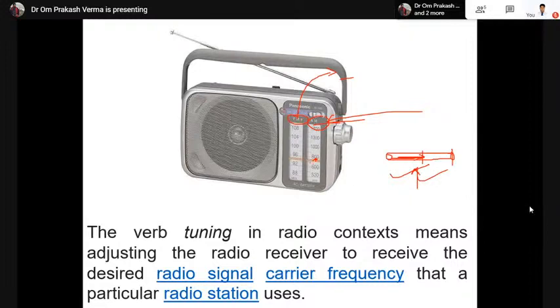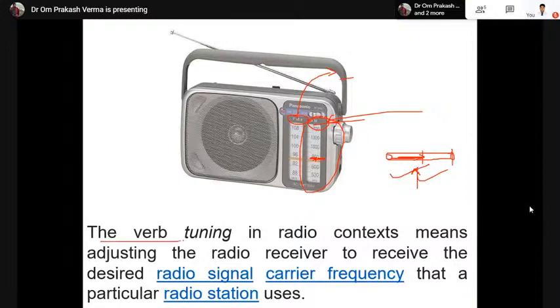Okay, so the meaning of tuning is choosing the optimized value. Tuning means you are choosing the optimized value in the given range. So whatever values are given, as per your desire, you choose some point where you want to set the value.